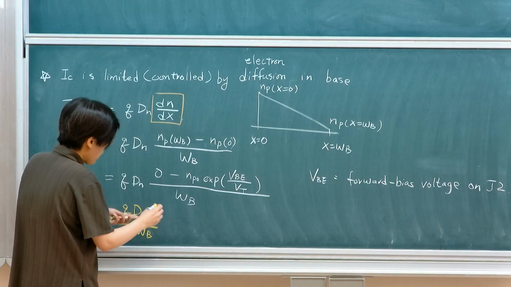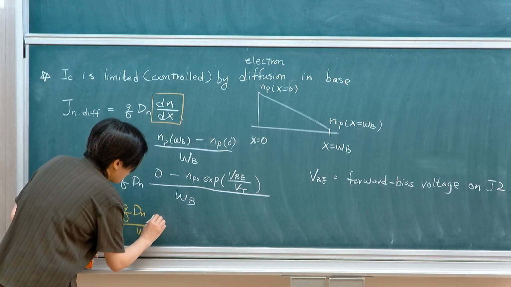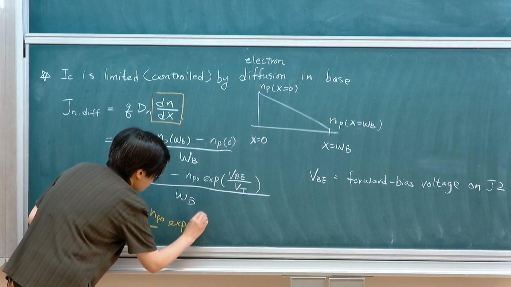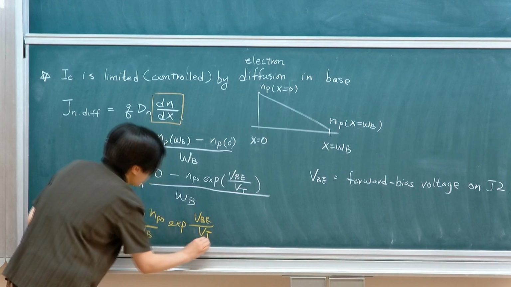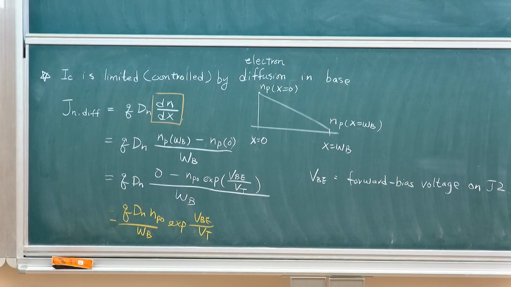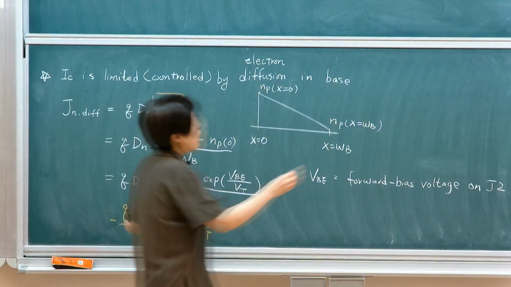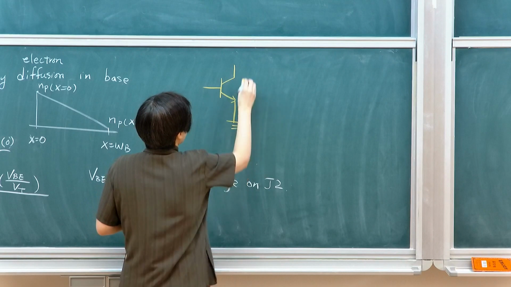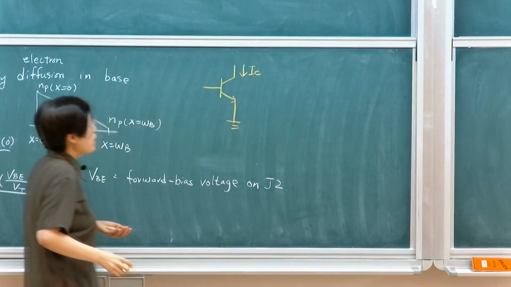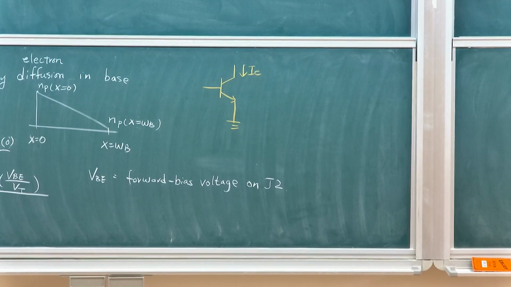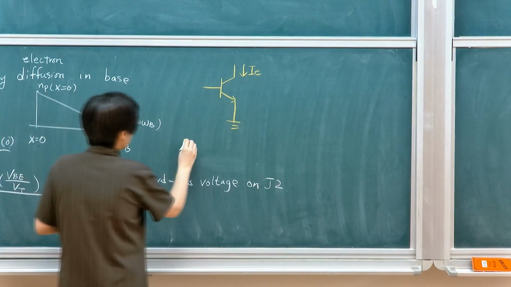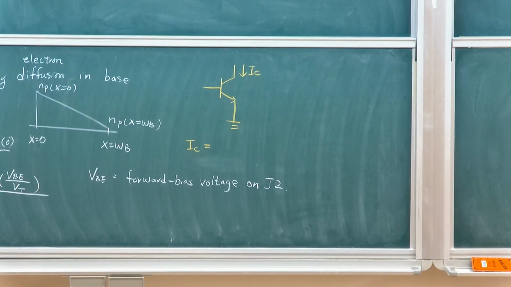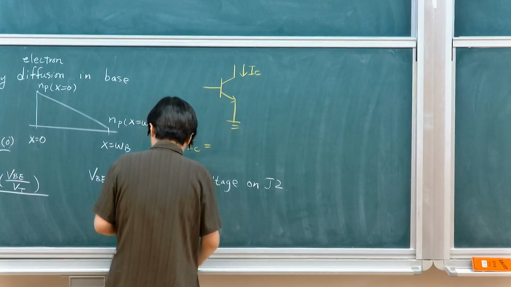So this will be NP0 exponential VBE. So we don't actually need to mind the minus sign. If I'm defining current going down to the collector as positive, then for my collector current we will get rid of the minus sign because of the direction.